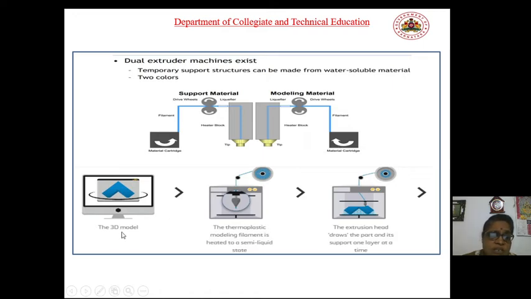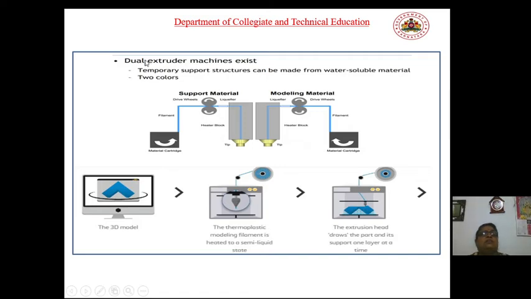So these are 3D models you can observe. This is the thermoplastic modeling filament heated to a semi-liquid state. The extrusion head draws the part and its support one layer at a time. So these are the dual extruder machines.